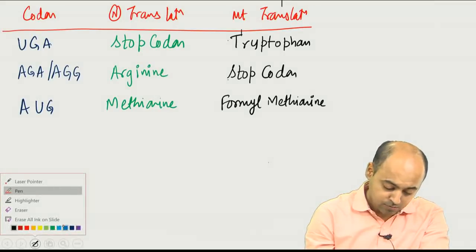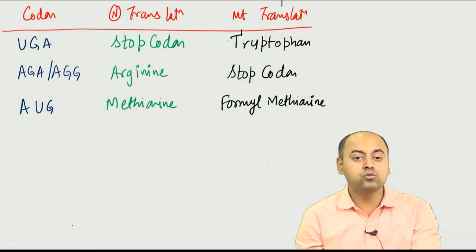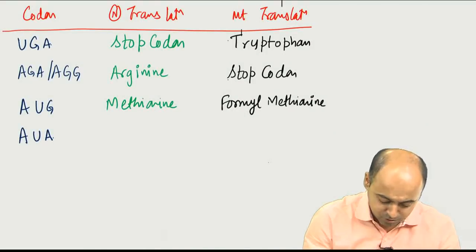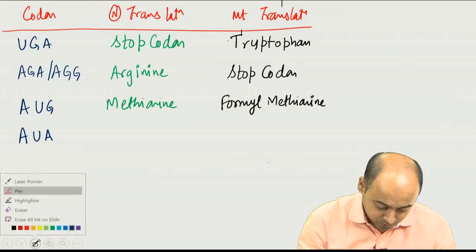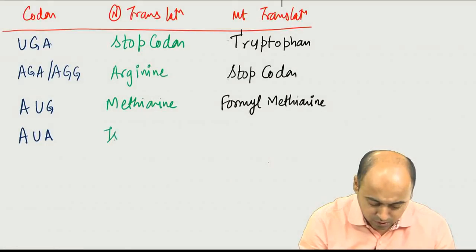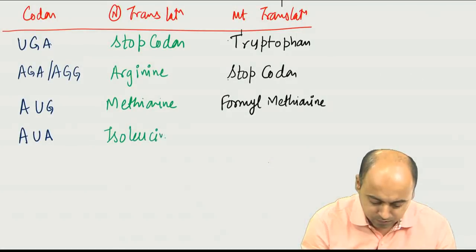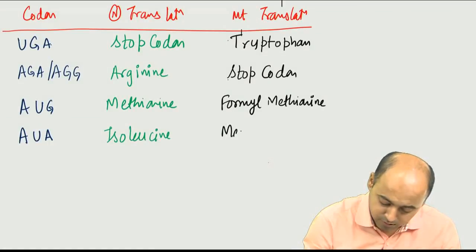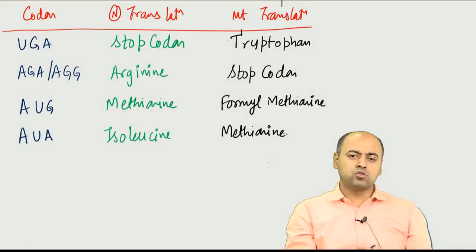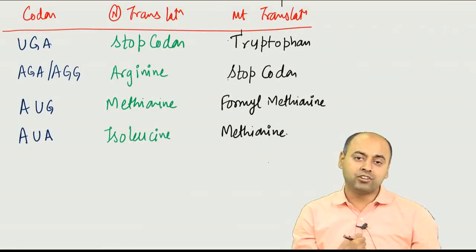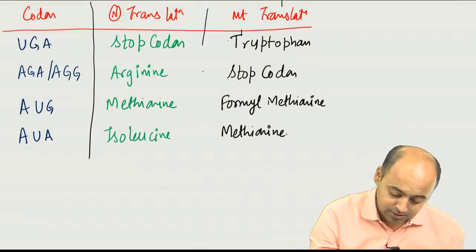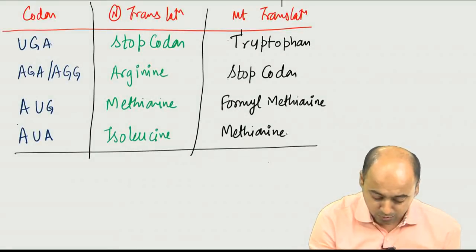And last, because we have used up the codon for methionine, we need another codon for methionine, which happens to be AUA. Normally AUA will code for isoleucine, but in mitochondria it codes for methionine. So these are some exceptions to genetic code which you should know when we talk about the mitochondrial DNA.